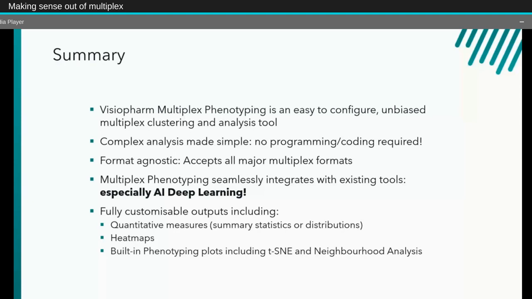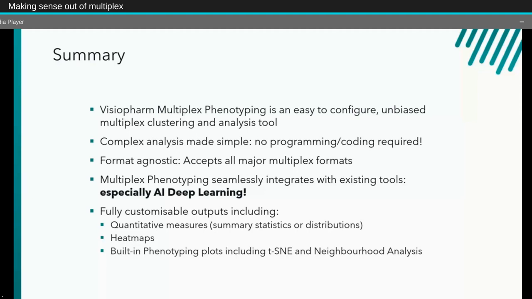Importantly, multiplex phenotyping in Visiopharm integrates with existing tools. This means you can leverage the power of our AI deep learning, both for cell detection, but also, as I briefly mentioned, identifying areas of interest, excluding artifacts or necrotic areas, or any other upstream tool that could benefit from AI deep learning.